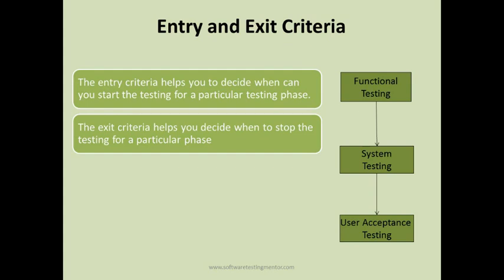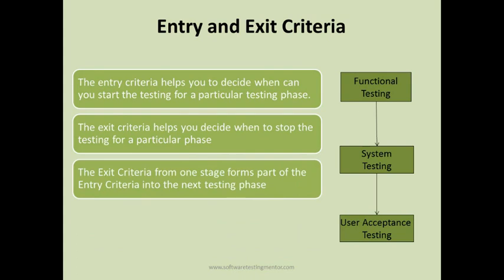Exit criteria for functional testing could be no severity 1 and severity 2 defects are open in the functional testing phase. They are all fixed and retested. So that could be exit criteria for functional testing. So exit criteria helps you to decide when you can leave the functional testing phase and enter into the systems testing phase.